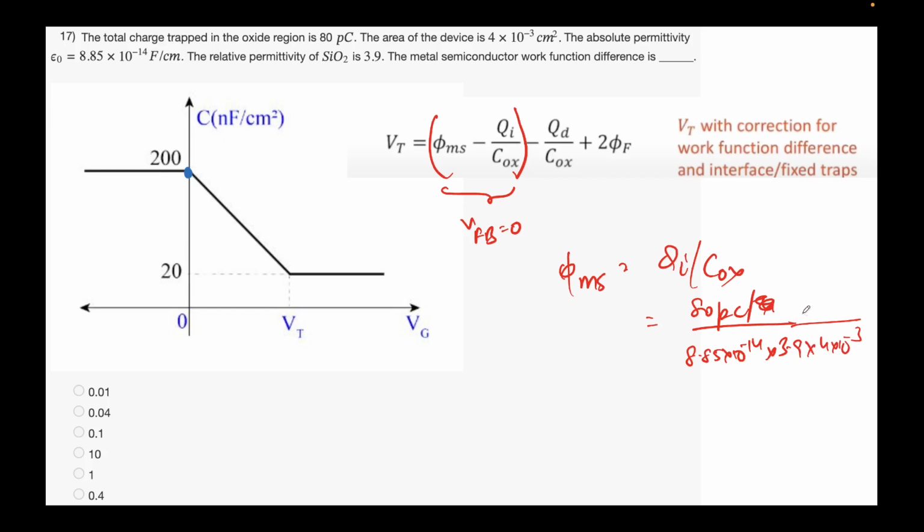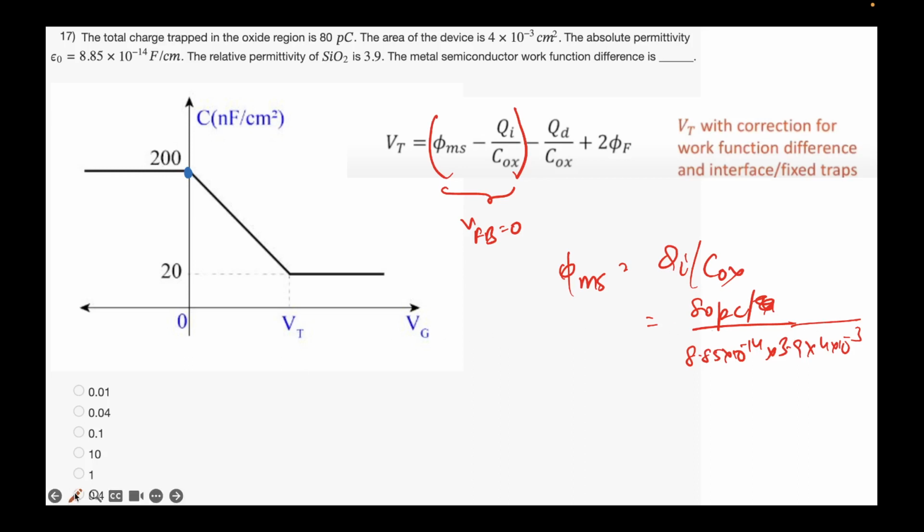What we need is the thickness. Okay, hold on a second. Yeah, Cox is given as 200, because remember this value corresponds to Cox. So I need not do any of these things.